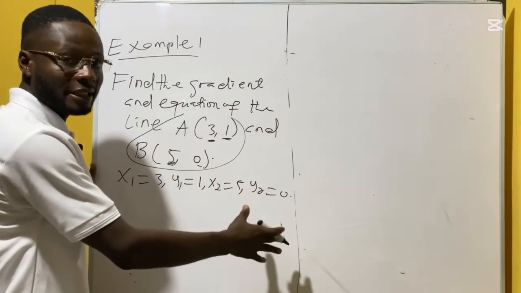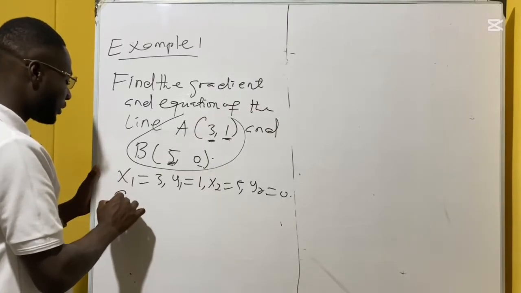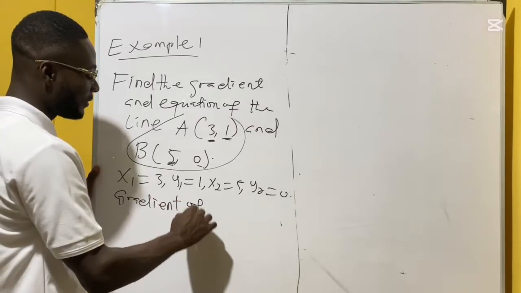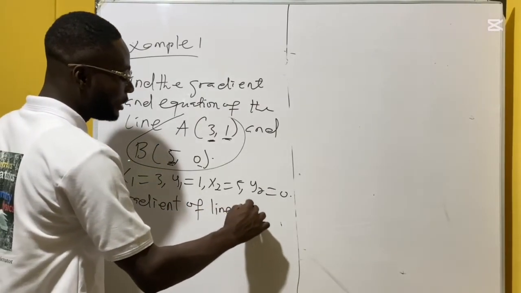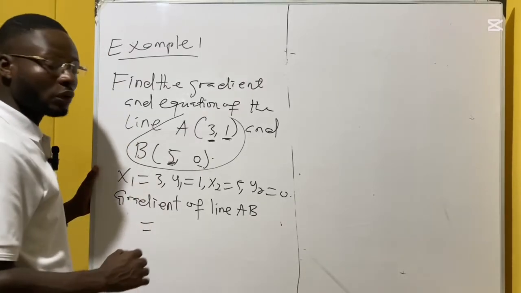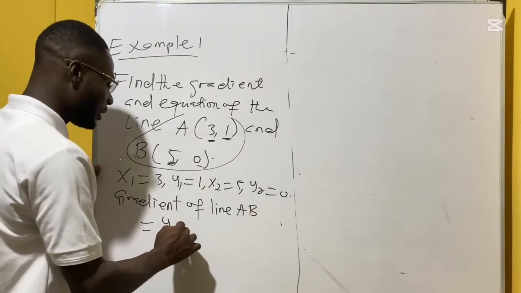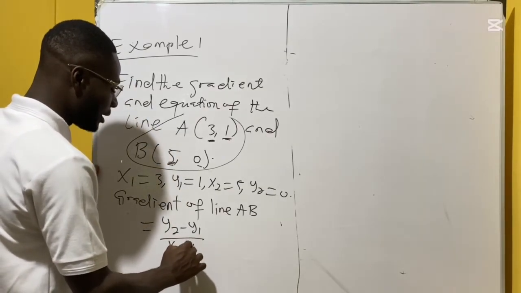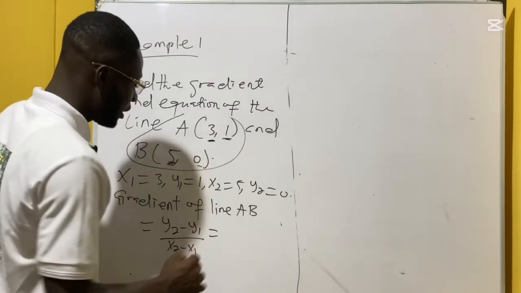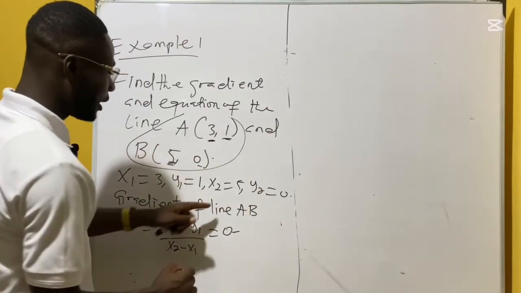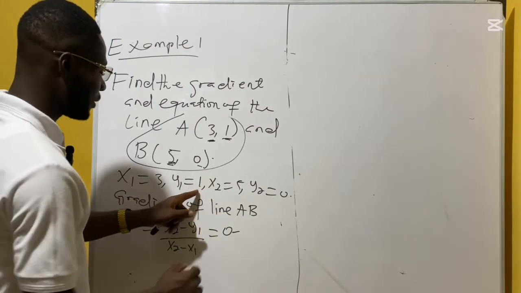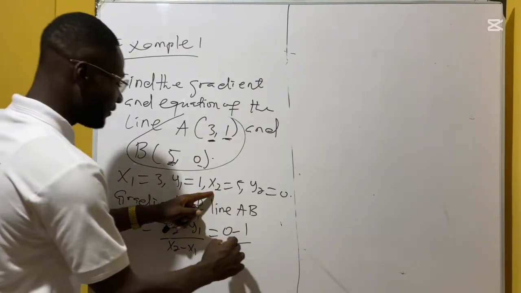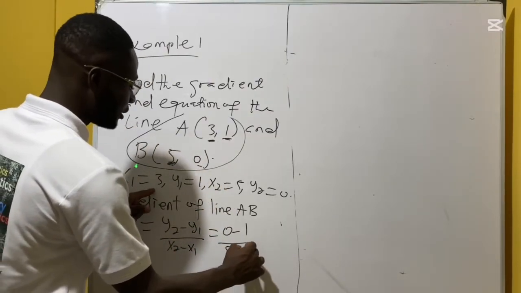To find the gradient, the gradient of line AB will be equal to y2 minus y1 over x2 minus x1. y2 is 0 and y1 is 1, over x2, which is 5, minus x1, 3.